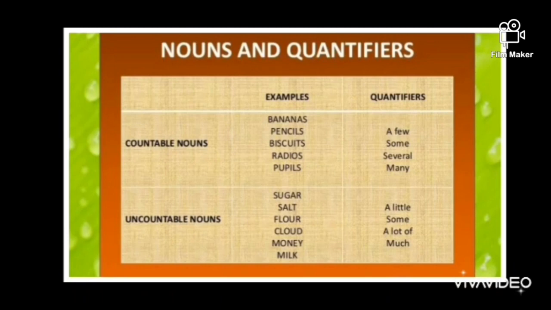So, we can use a few, some, several, many, one, two, or dozen before countable nouns. And we can use a little, some, a lot of, much before uncountable nouns. So these are the quantifiers.